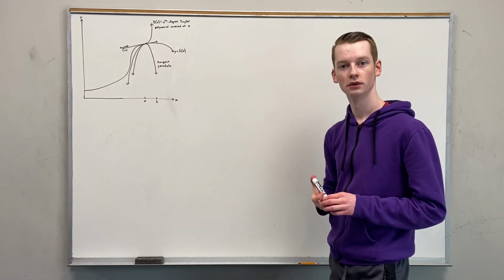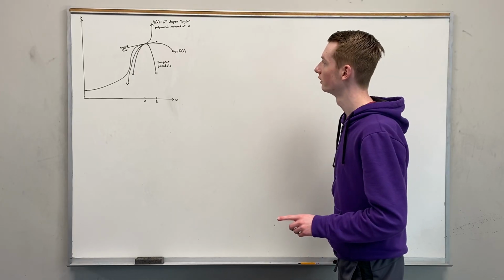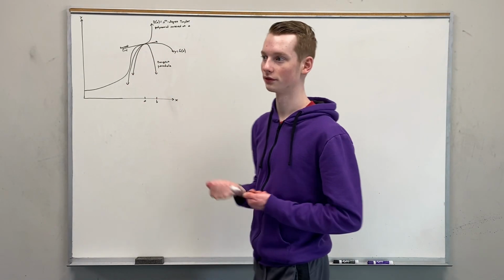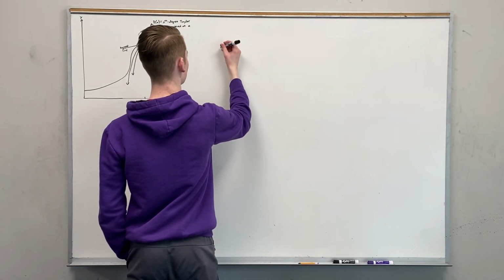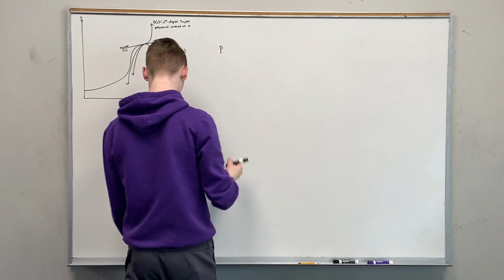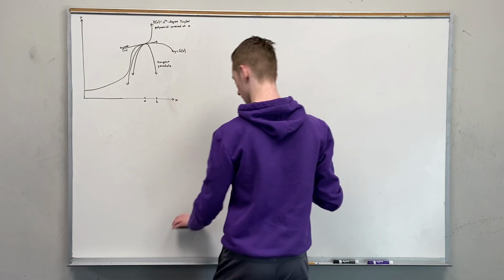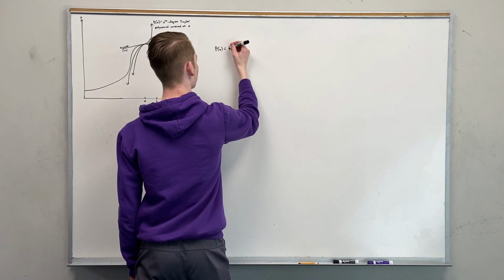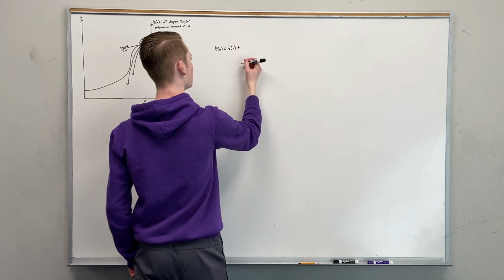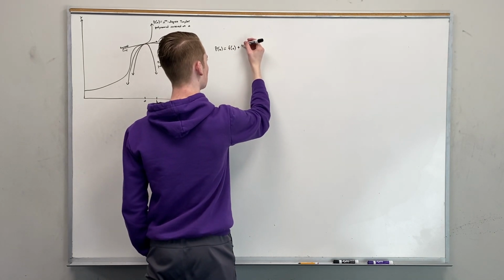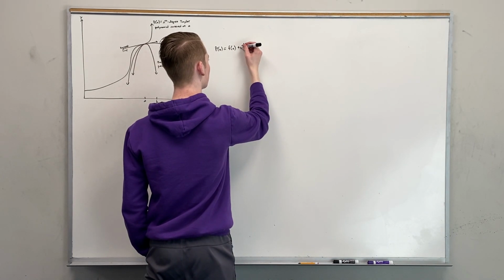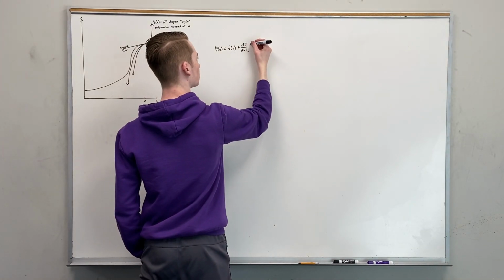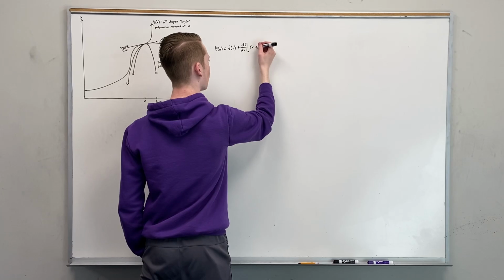How would I actually make sure that p of x has the same derivative as the graph at that point? Here is how you would do it. If you had a tangent line, you would have p of x equal to f of a plus the derivative of f at a multiplied by x minus a.